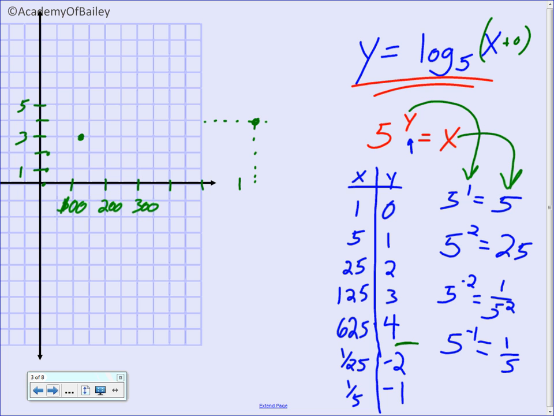And do you think we're going to be able to graph 1/25 and -2, 1/5 and -1? Those are going to be super close to the line. So your line, and I called it a line, it's not a line. Your function should look like that.